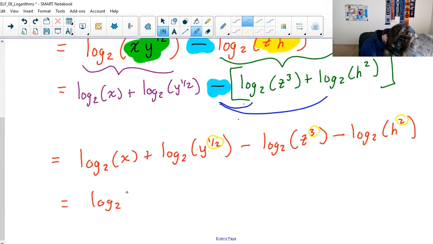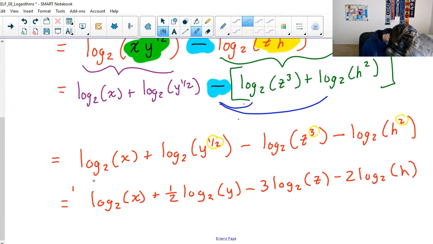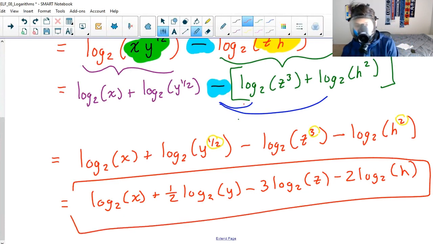So log base 2 of x plus 1/2 log base 2 of y minus 3 log base 2 of z minus 2 log base 2 of h. Now there's nothing more I can do there. So that is my final answer of the expanded logarithm.